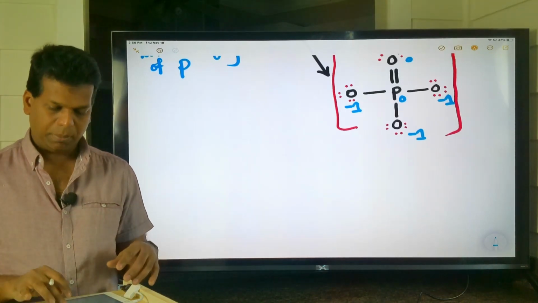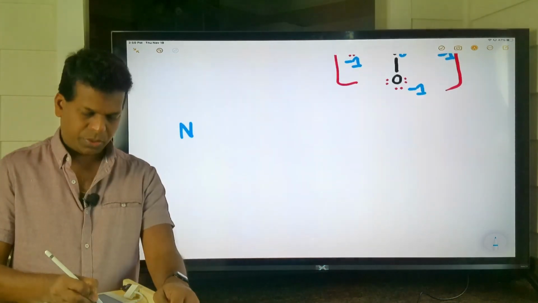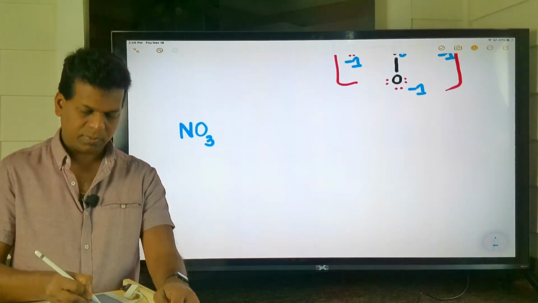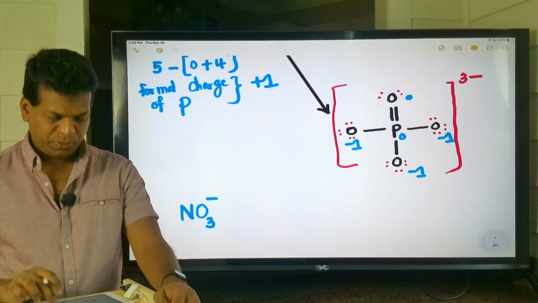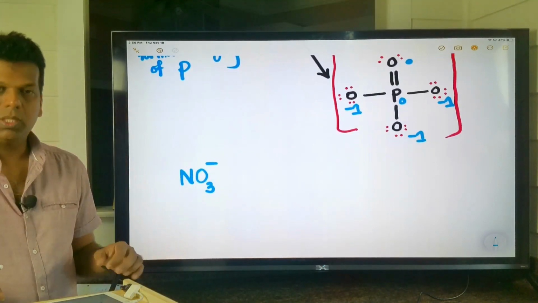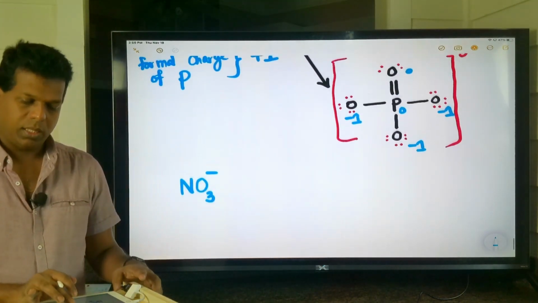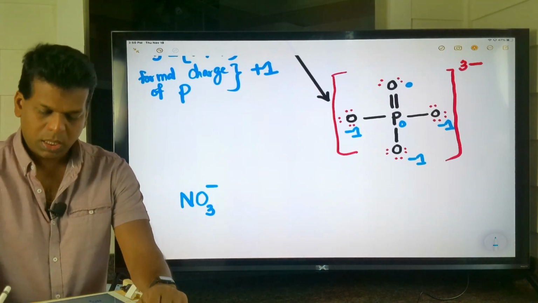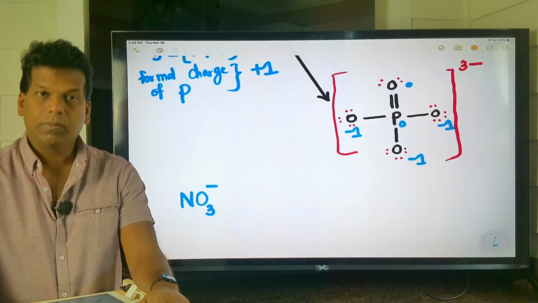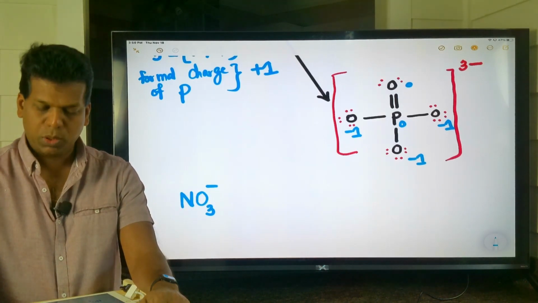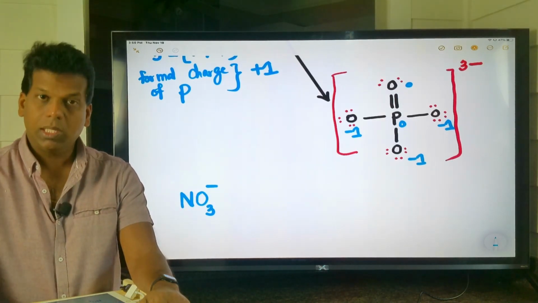Let's do another example. Let's take nitrate. Before I do nitrate, I want to point out one thing. If you look at the number of electrons on phosphorus, there are 5 lines.